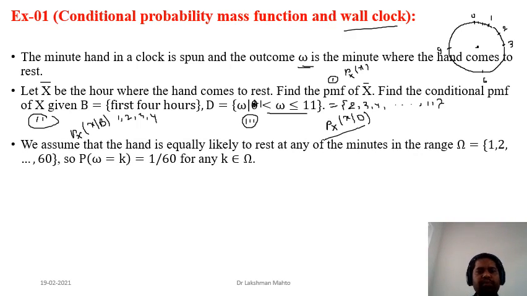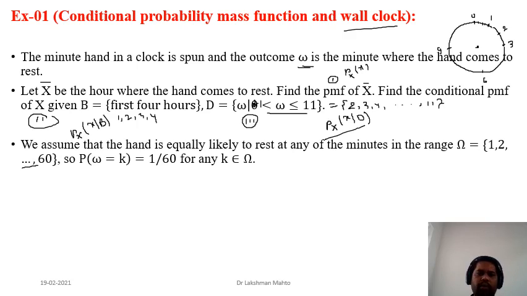So suppose we assume that the minute hand is equally likely to rest at any minute in the range from 1 to 60. When the minute hand is spinning, it can stop anywhere, equally likely.